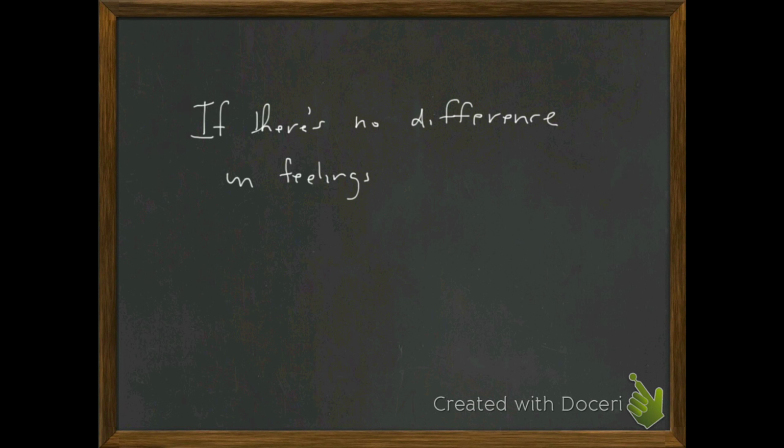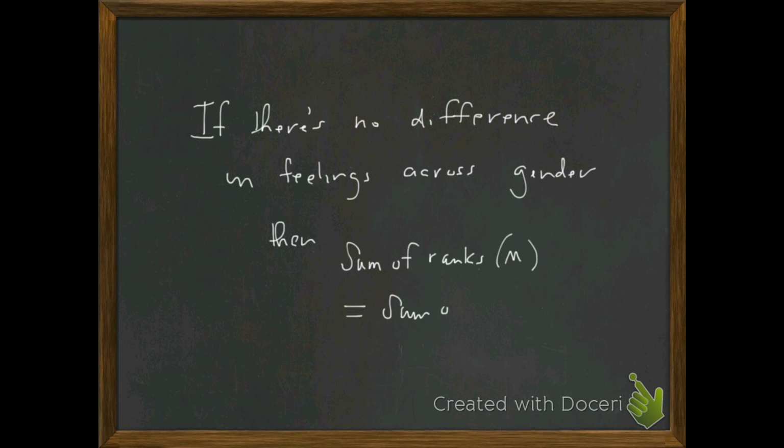So guys, at the end of the day, if there's no difference in feelings, whatever we're measuring here, across gender, then we would expect the sum of the ranks for males to be pretty close to the sum of the ranks for females.